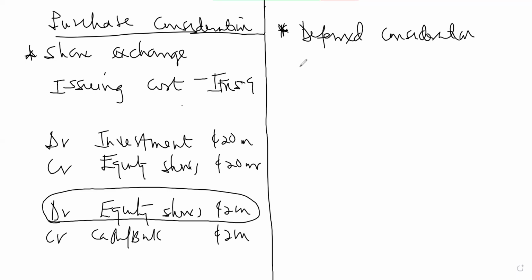So the deferred consideration will always come with an interest element, because you are going to be holding someone's money for 3 years. If you had given the money to the person, they could use that money to do something else and be getting a return on it. So it will come with the principal, which is the actual amount that we are paying for the shares, plus the interest component.